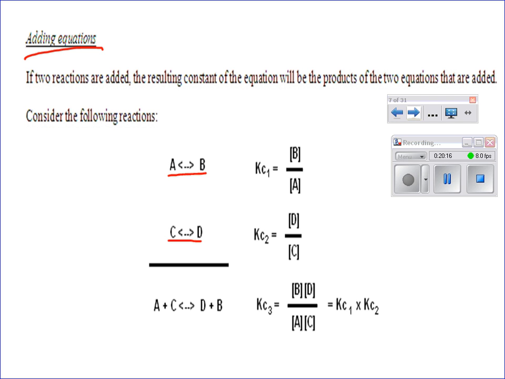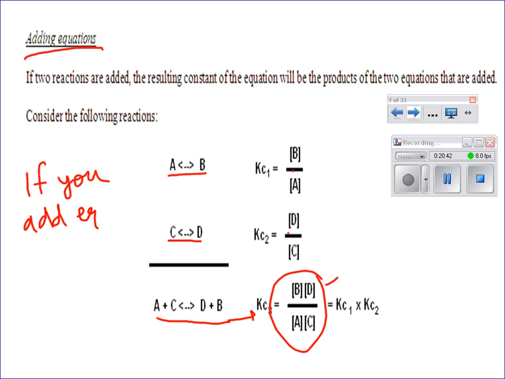So when I add these two equations up, I get A plus C, and I get B plus D. Now before you even look at any of that, does everyone agree that the correct expression for that is D times B over A times C? That's correct. So how do I go from there and there to get this? We multiply them. So if you add equations, you multiply their K's.